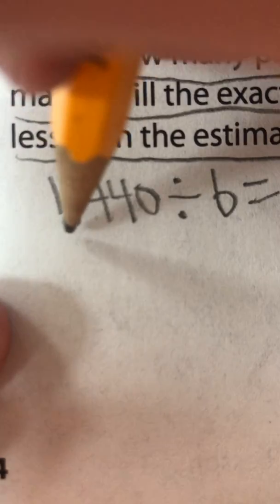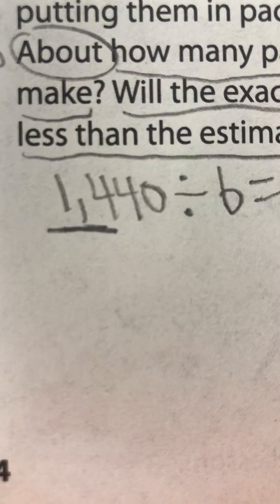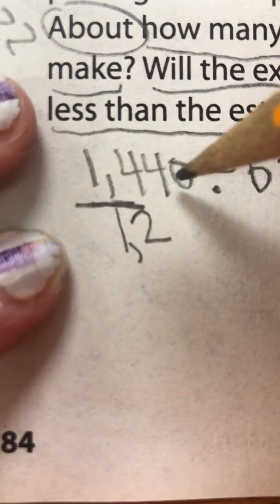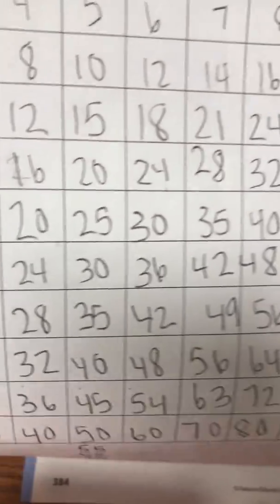Okay, 14 is not easily divisible by 6, but if I look at my multiplication chart, 14 is really close to 12, so I'm going to change that to a 12. And then I'm going to look at this 40. That's the closest I can get to in my 6's. 42.